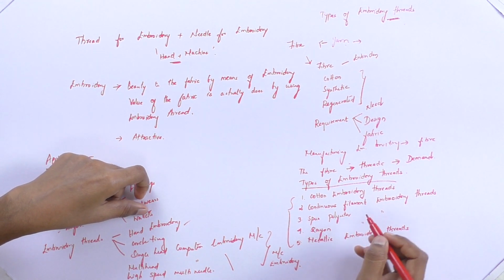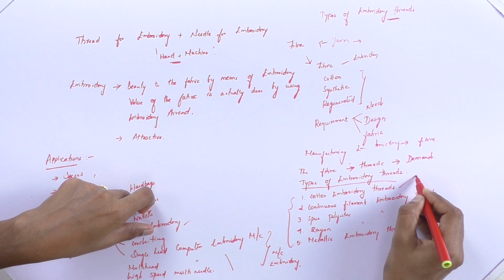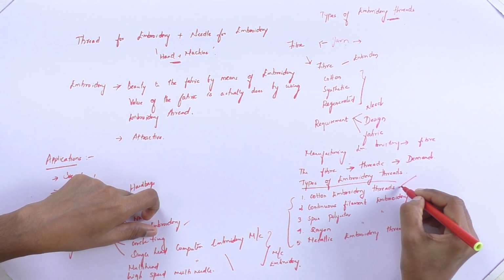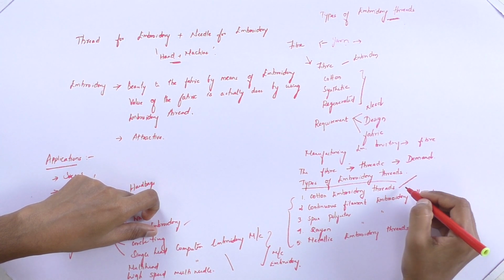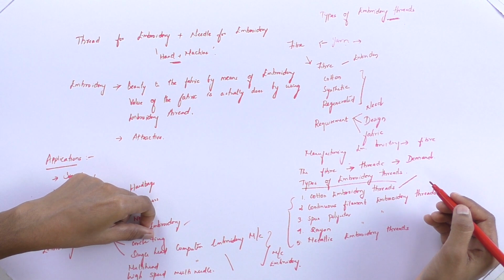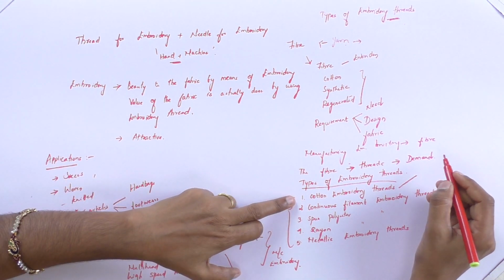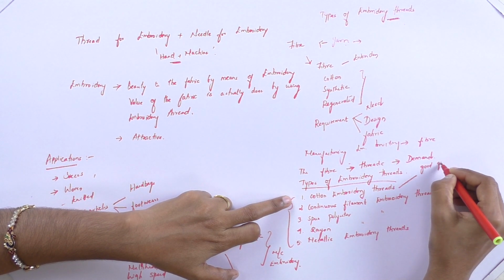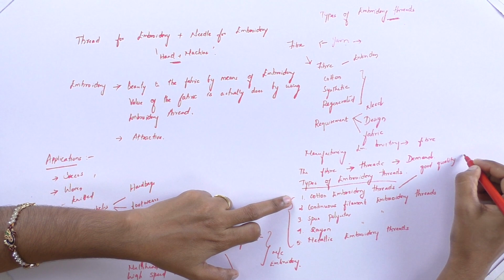and machine embroidery. Coming to the cotton embroidery threads, there are main criteria you have to keep in mind if you are going to manufacture or select threads for doing your embroidery work. This cotton embroidery thread is mostly made up of good quality cotton.